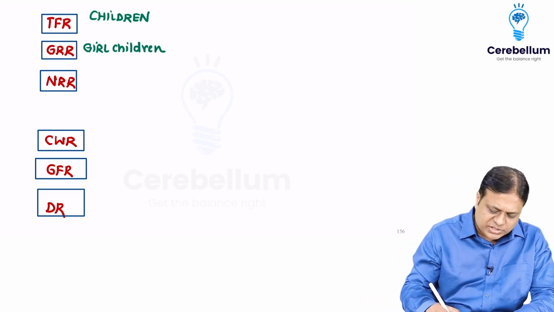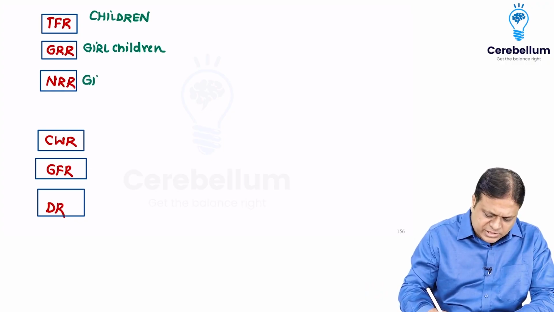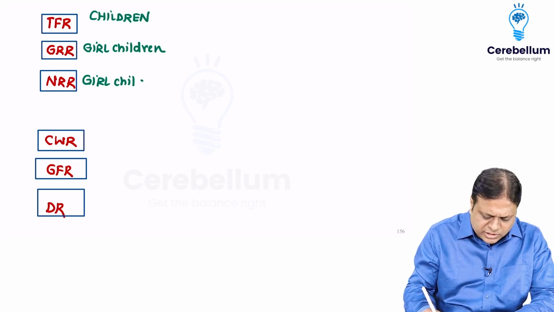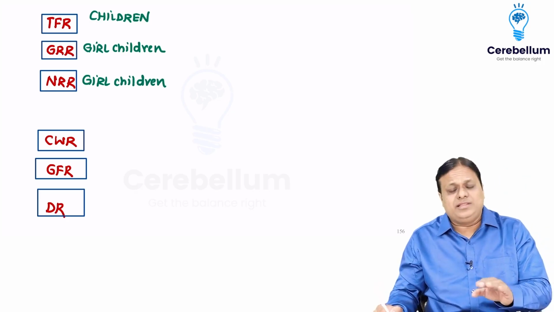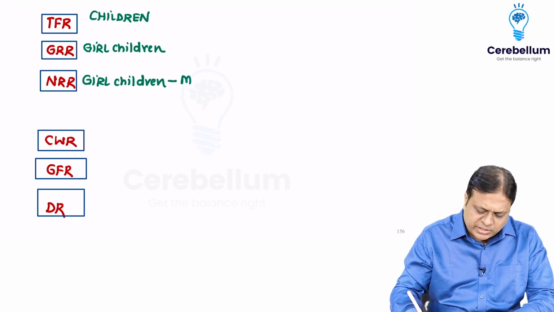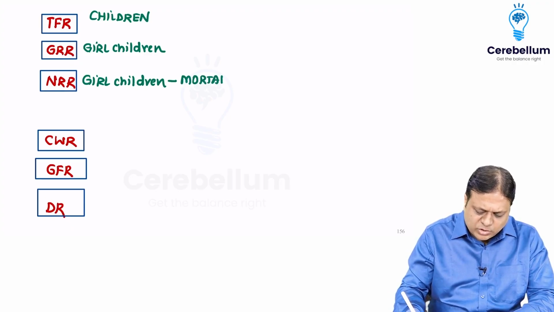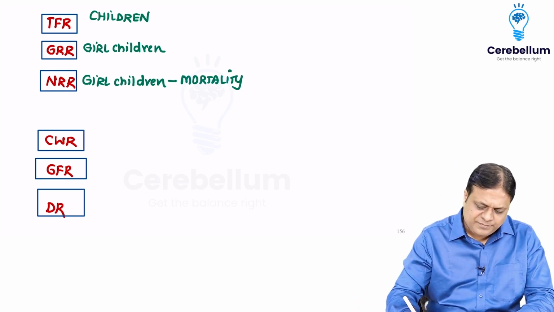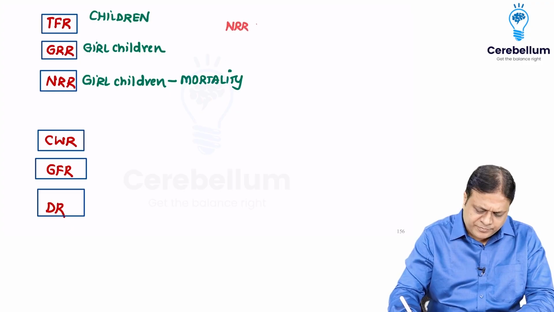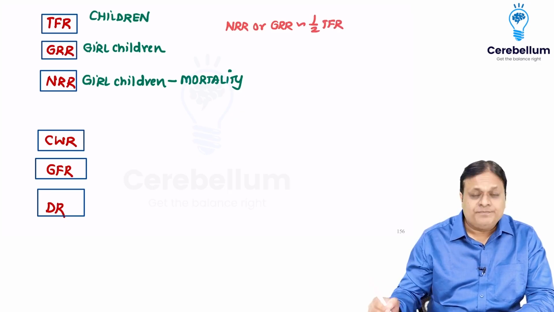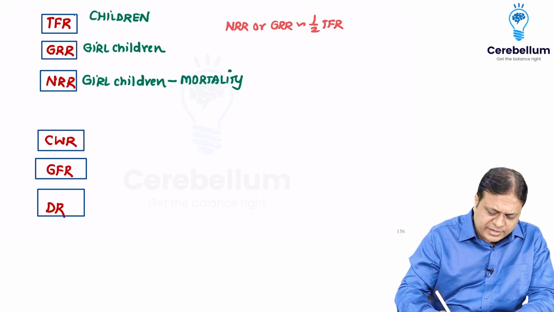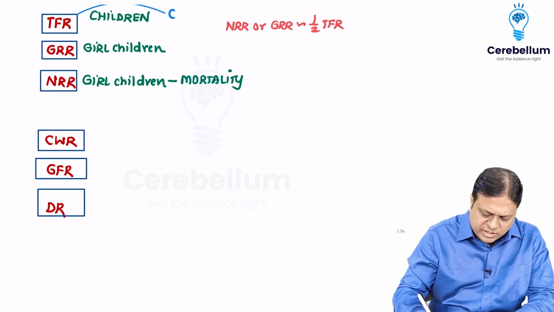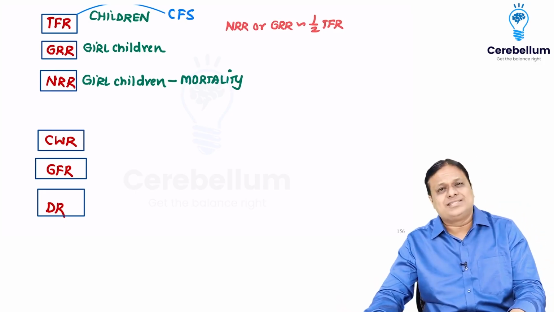NRR, net reproduction rate, is again the same, total number of girl children born to a couple in their lifespan minus mortality. Mortality is taken into account. You can say living girl children. So we can see net reproduction rate or gross reproduction rate is approximately half of total fertility rate. Total fertility rate is also known as completed family size.